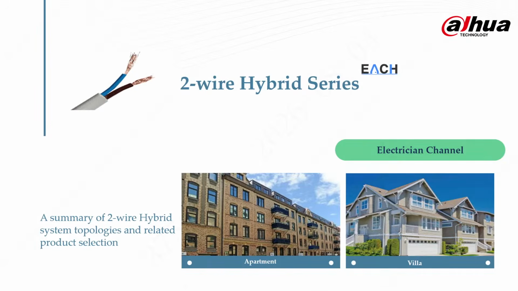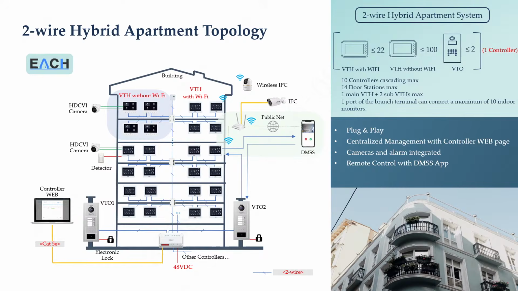Okay, let's talk about the two-wire hybrid solutions. The core idea behind the hybrid solution is that you have a VTO system which is basically offline, but, and this is the key part, please listen, the VTH of the hybrid system can be connected to the internet using Wi-Fi, so the whole system can be online, and from this point you can also use your DMSS to get a notification or a push from the VTO.